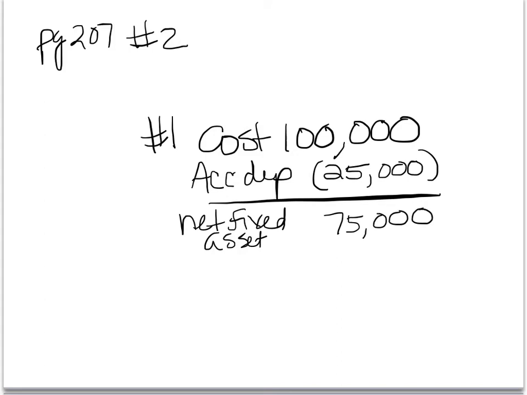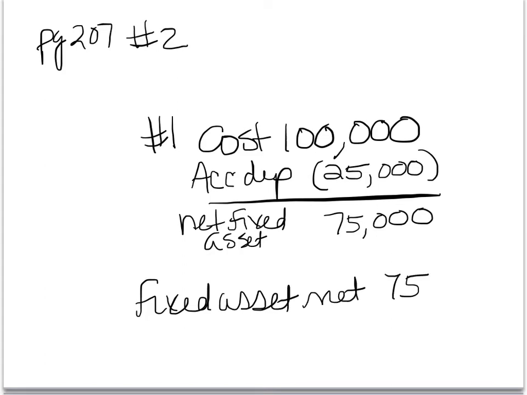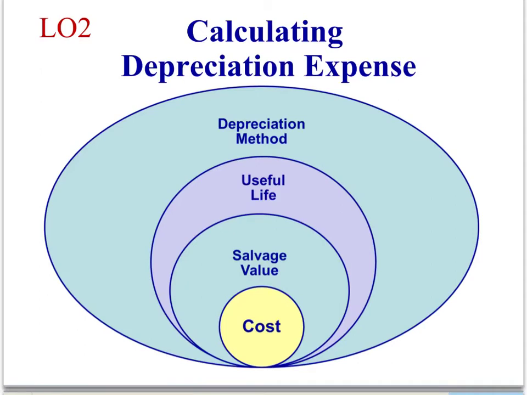The other way it could be reported would just be fixed assets or equipment, net, $75,000. So that would be the number 2 way. Let's move on to take a look at how we calculate the depreciation expense.